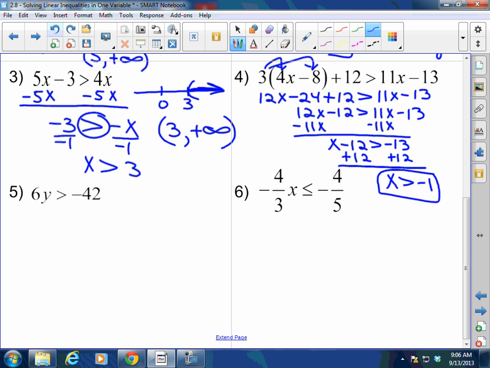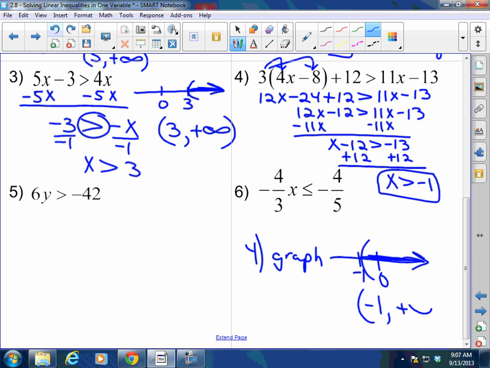For number 4, the graph would be 0, negative 1. X is greater than negative 1, parentheses, shaded to the right. Interval notation: small value in parentheses because it's a greater than, to the larger value of infinity, parentheses, because infinities always use parentheses. Does that make sense, boys?